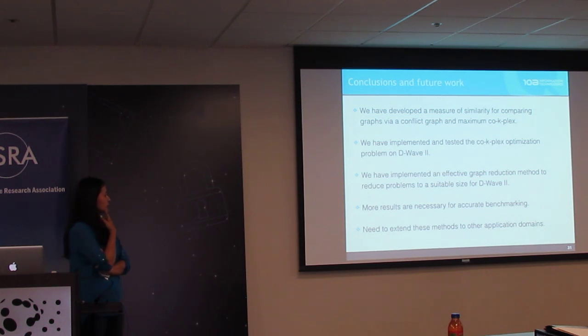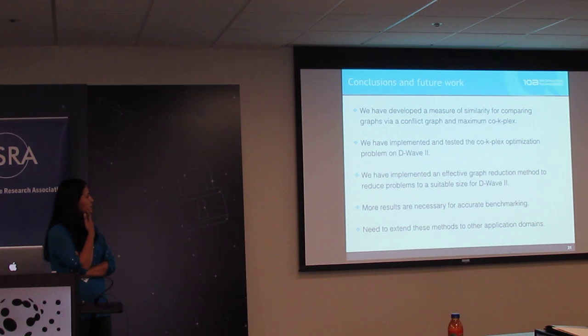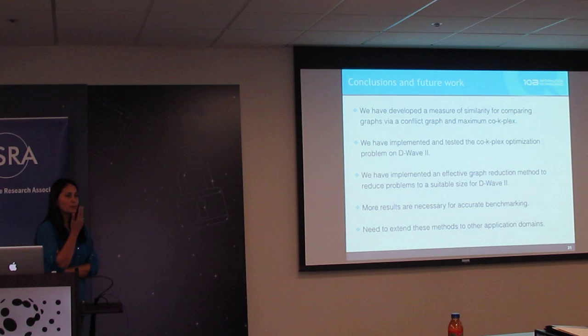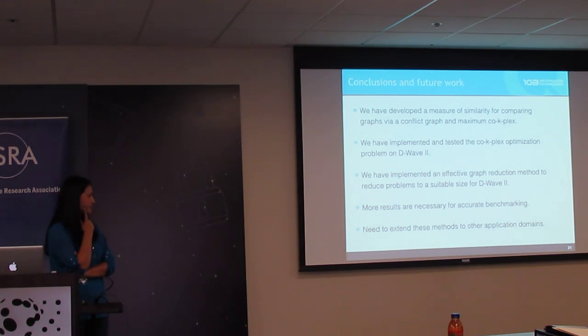We have also implemented an effective graph reduction of this problem so it can be suitable for the D-Wave. And we hope that with the next device we can implement more or bigger molecules, or maybe this technique won't be necessary.